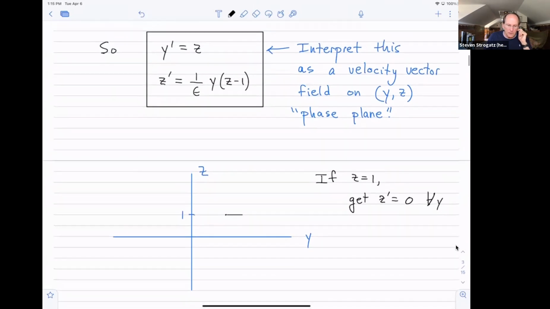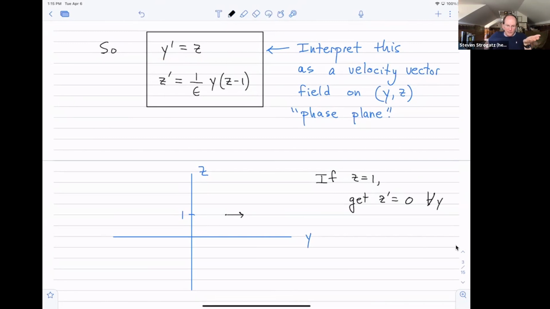Well, you can see from the differential equation that Y prime is Z. So if Z is positive, Y prime is positive, which means that this vector is going to be pointing to the right.